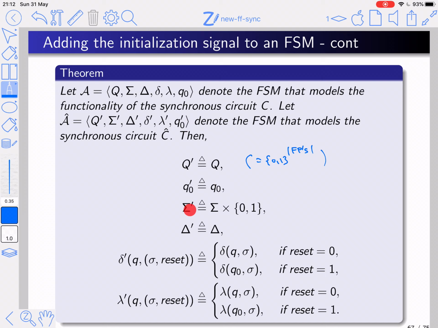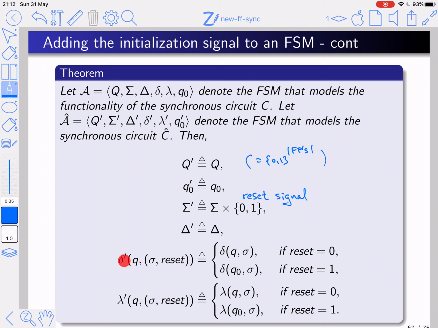Now, the input alphabet in A hat consists of the input alphabet in A plus an extra bit. This is the reset signal, which is either a 0 or a 1. The output alphabet is the same alphabet, there's no change.